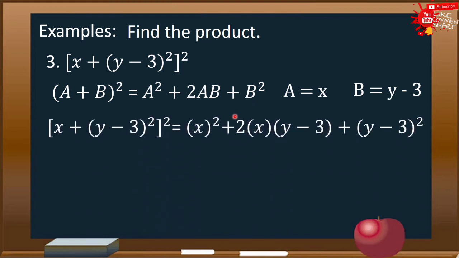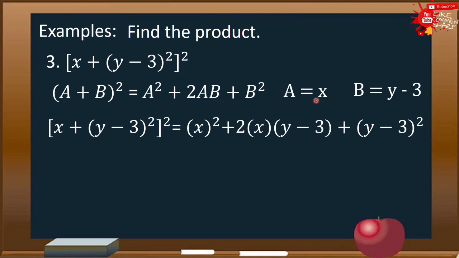So we will have the square of this x plus the square of y minus 3 is equal to, so let us substitute the value of a here. So we have here a squared, so that's why we will have x squared plus 2ab, that's why we have here plus 2 times x times the quantity of y minus 3, because we have here 2ab.